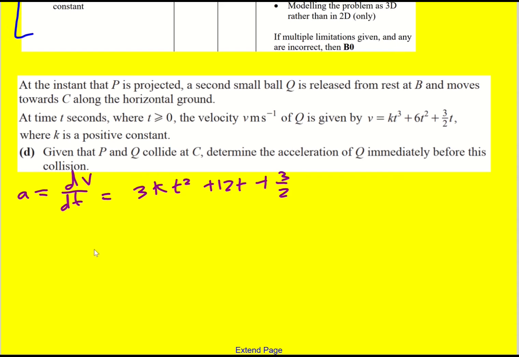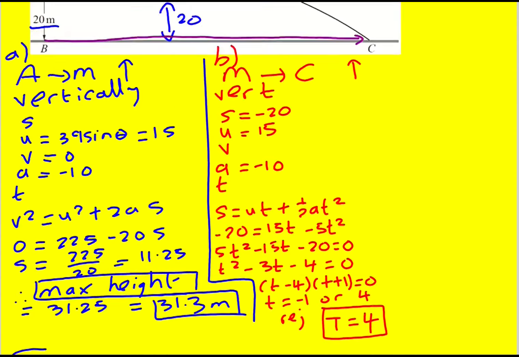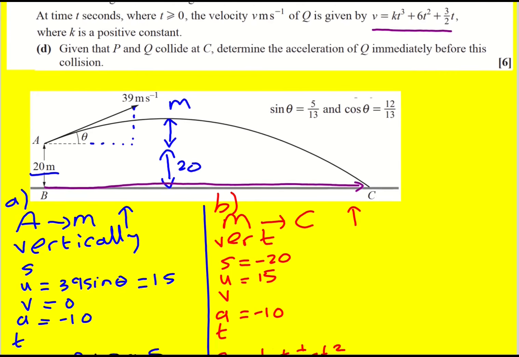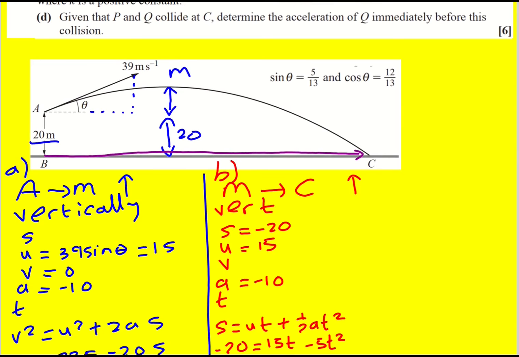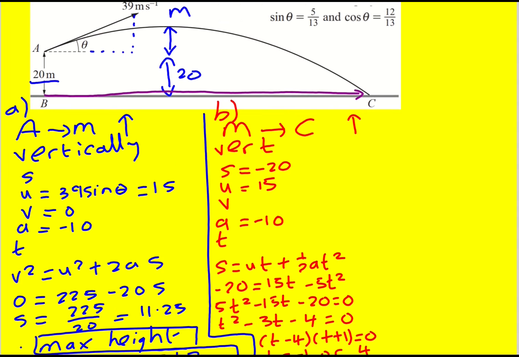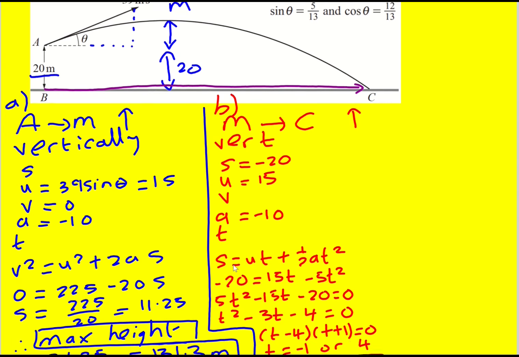How are we going to work out the value of k? What we do know is that they meet at C at the same time. So we need to work out that time, and they would have traveled the same distance in that time. So we can take a look back at part B and work out how far the first particle moved in the 4 seconds.